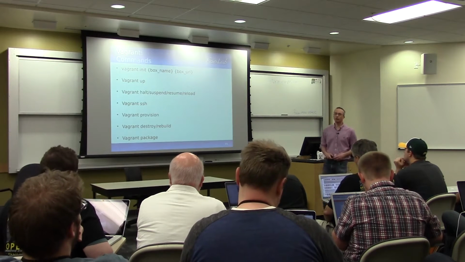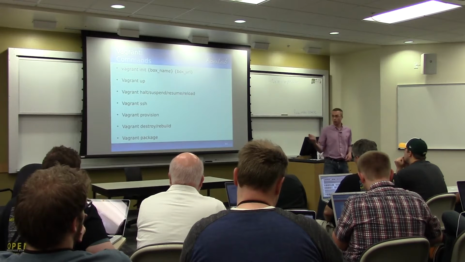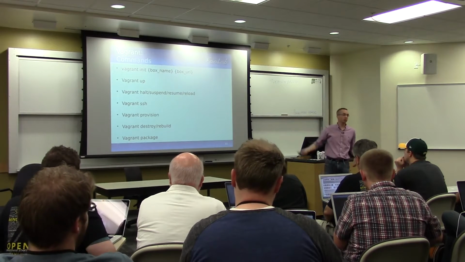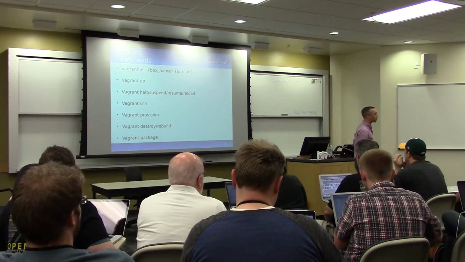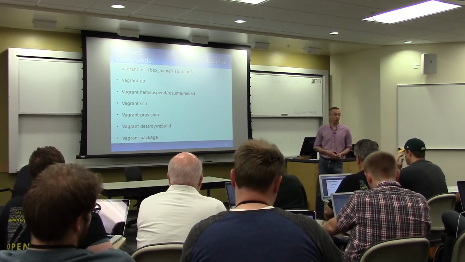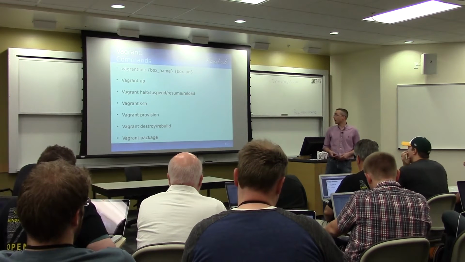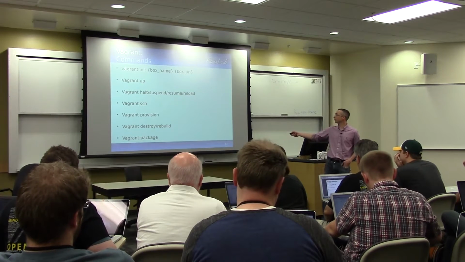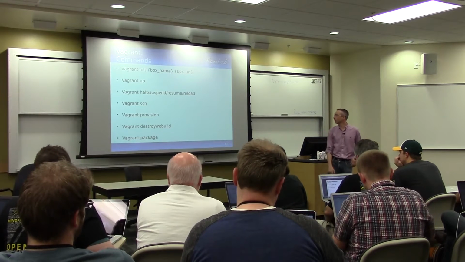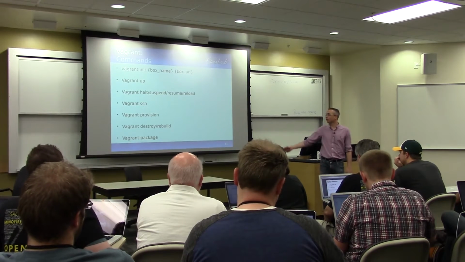It's going to generate a Vagrantfile that I will show in the next example. And then the next step is vagrant up. So we want to fire up that virtual machine. Doing vagrant up will also do the provisioning for you automatically. And then you have the usual halt, suspend, resume, reload. But what is interesting is vagrant ssh.